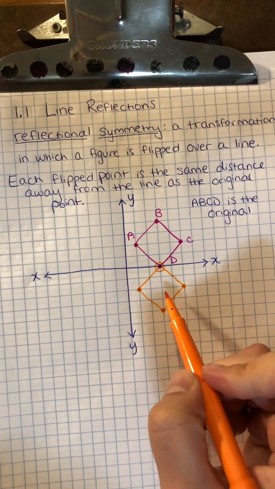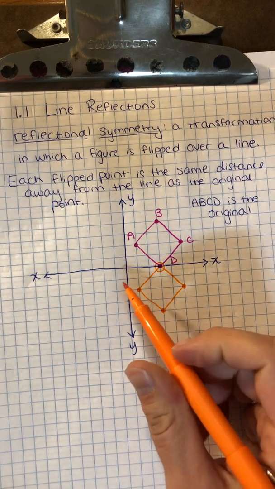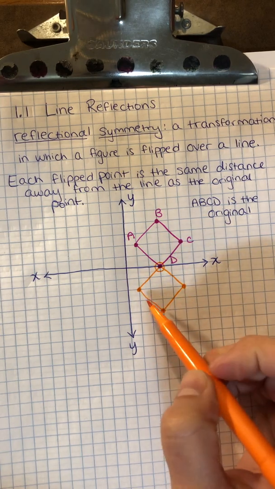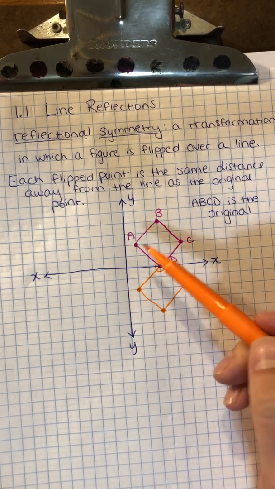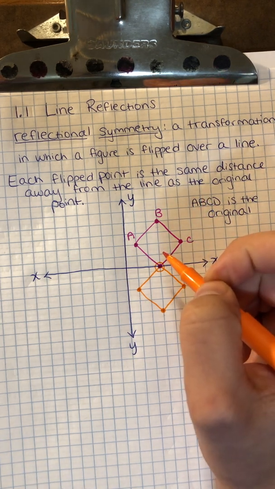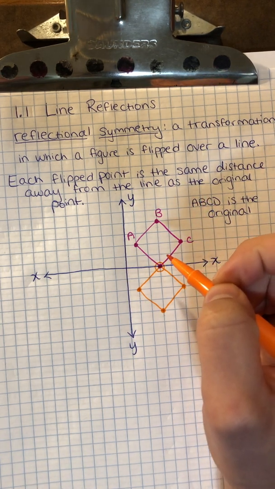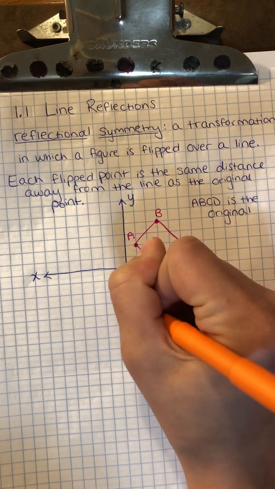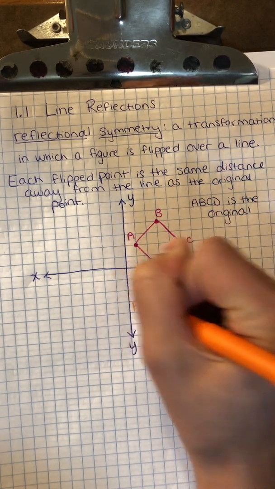Now, because it's the same shape but in a different position, we have to give the points different labels so we don't get confused. I'm not going to assign different letters, but I'm going to add an extra marker to show that they're a little bit different. So instead of just point A, I'm going to label this point A prime.